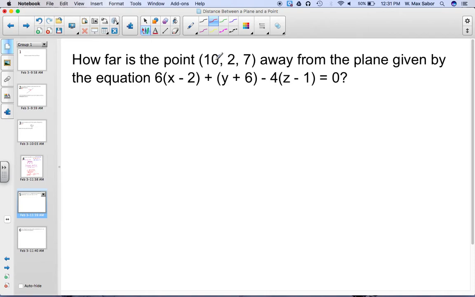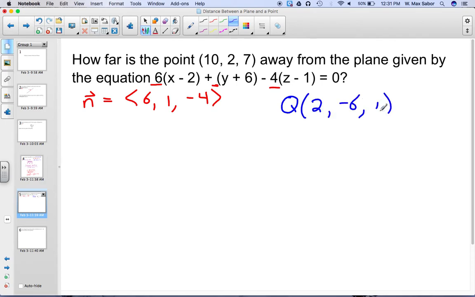Let's do another. How far is this point away from a plane with this equation? Well, let's first find a normal vector. A normal vector would be 6, 1, -4. I'm getting that from the coefficients of the plane. Now the point Q is going to be 2, negative 6, 1.